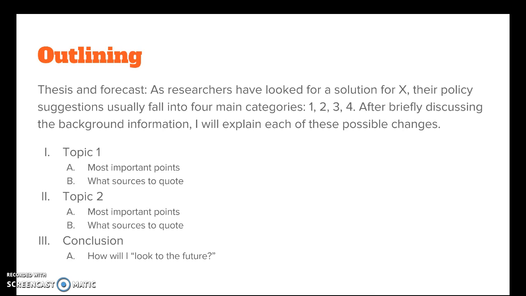A lot of the students in the previous paper just did kind of a summary of each source. So they had 7 sources, so they had 7 body paragraphs, and then did kind of a transition sentence in between.